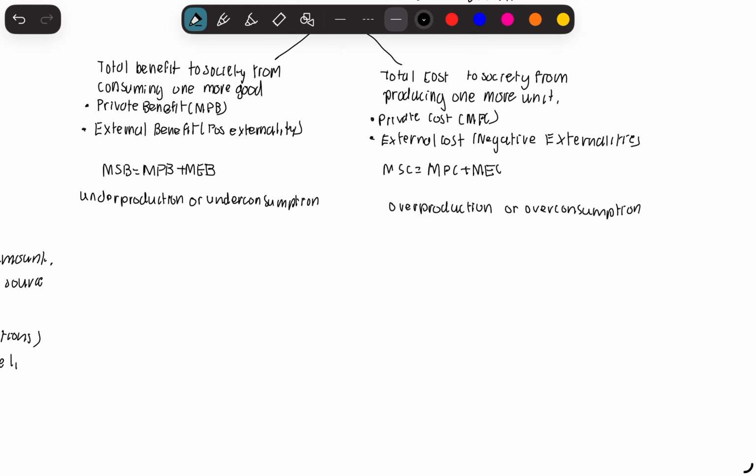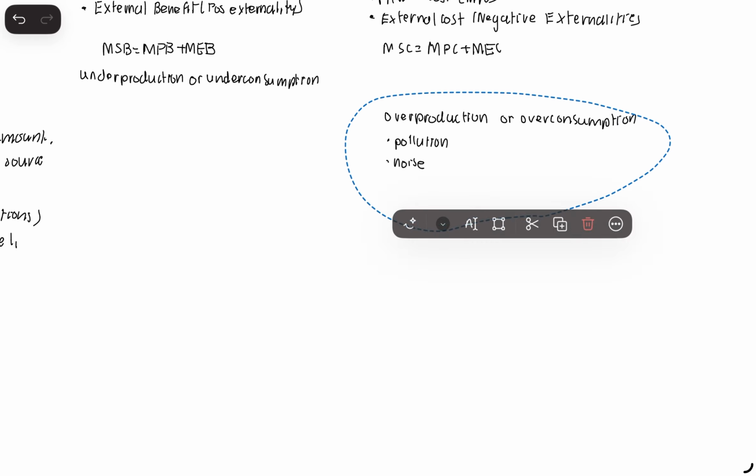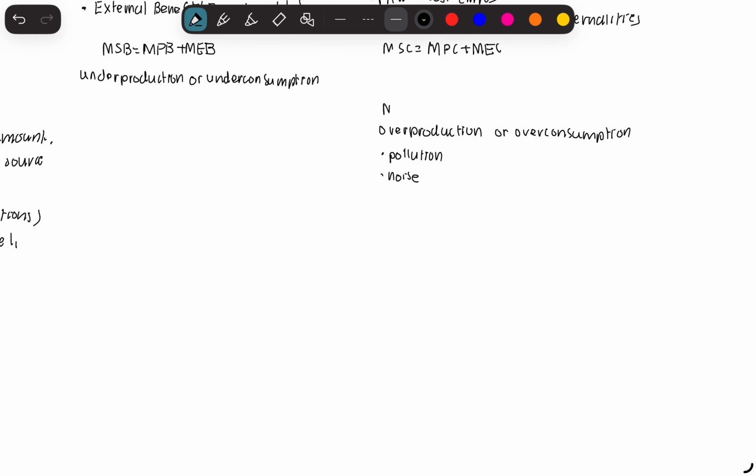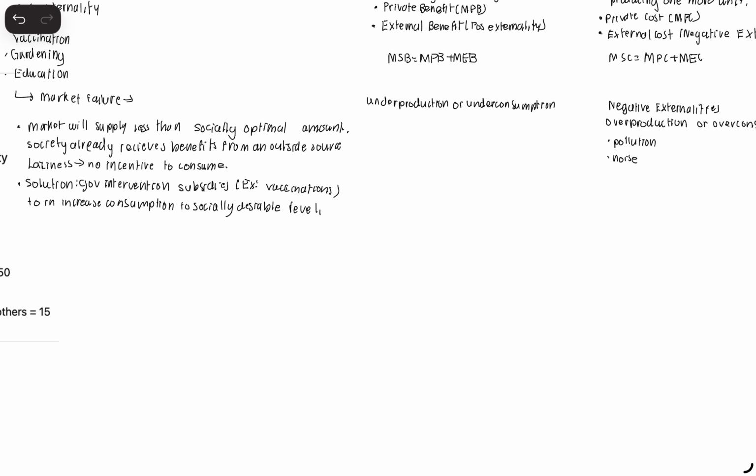So, some examples of this is when you have pollution, you have noise. So these are all under negative externalities. These were under positive externalities.